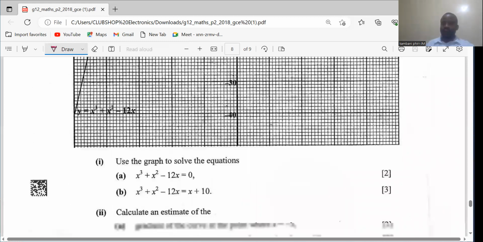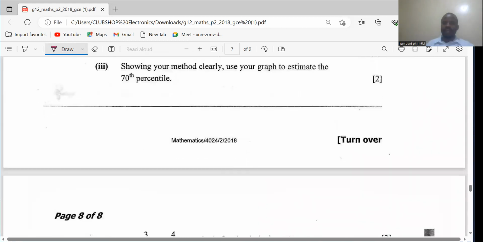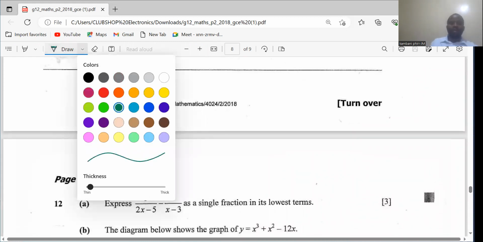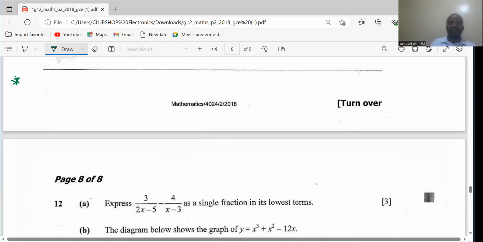So if you have a graph, how do you find the gradient? There are a lot of methods. You can use the formula m is equal to y2 minus y1 over x2 minus x1, provided you draw the tangent line.